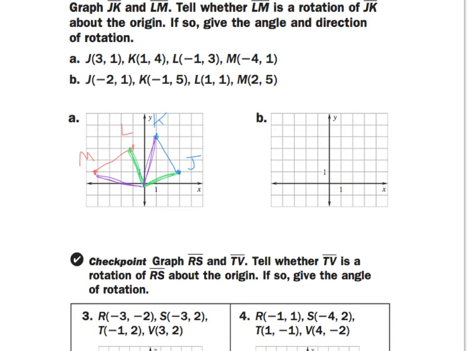So the purple is negative reciprocals and so is the green. So this is a 90-degree rotation, and it's going counterclockwise. The angle is the same, the length of the segments are the same.